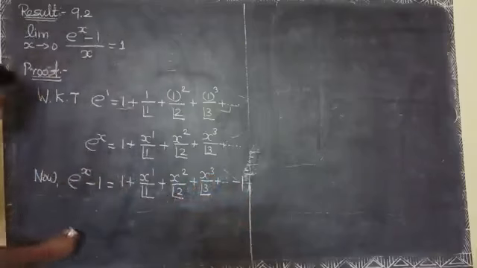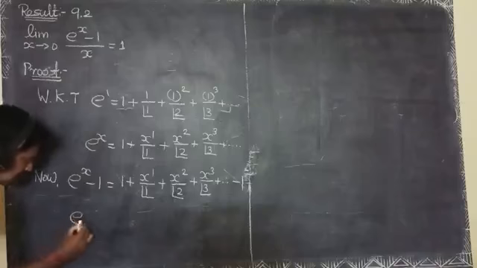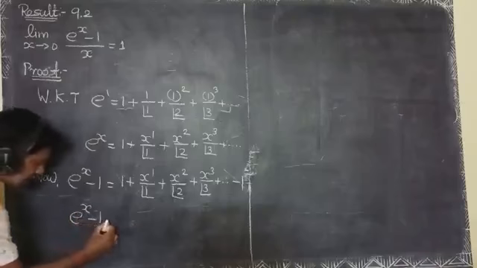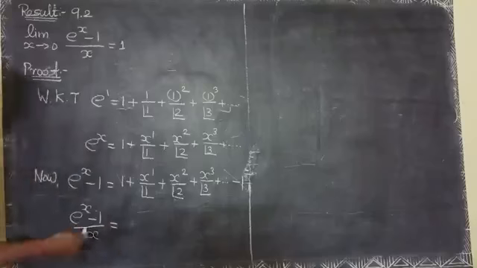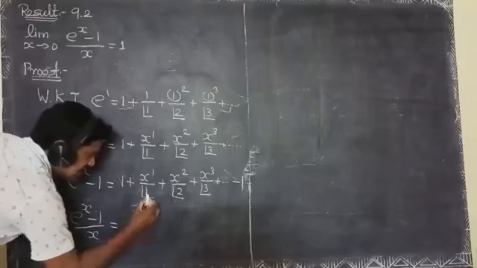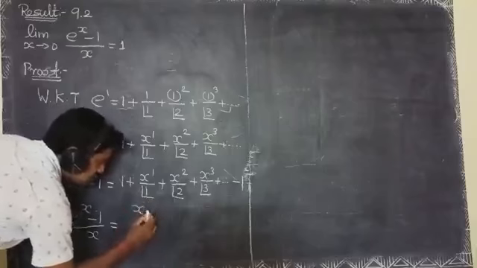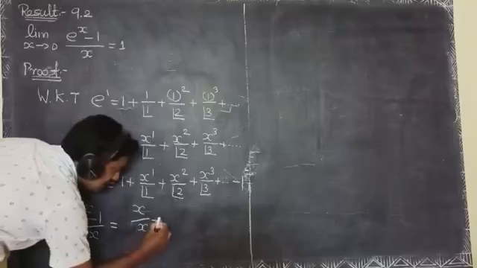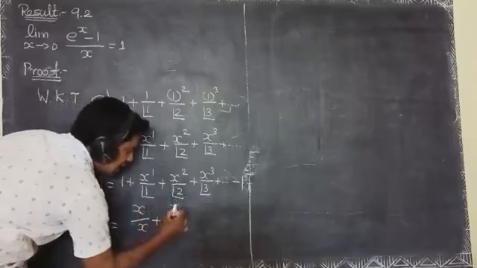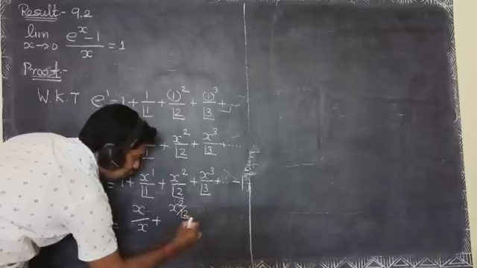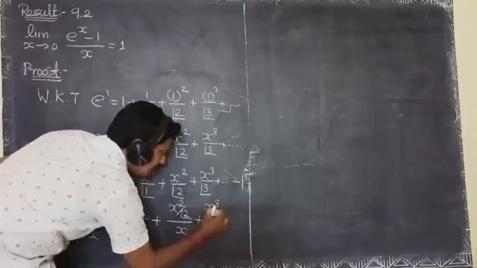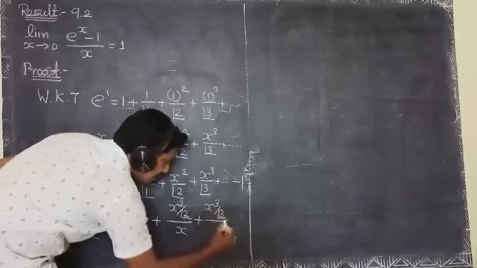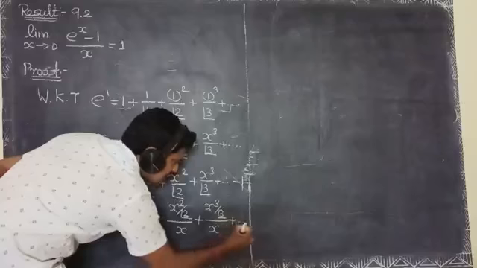Finally we get e^x minus 1. Now (e^x minus 1) divided by x means dividing each term by x: x divided by 1 factorial divided by x, plus x^2 divided by 2 factorial divided by x, plus x^3 divided by 3 factorial divided by x, plus and so on.